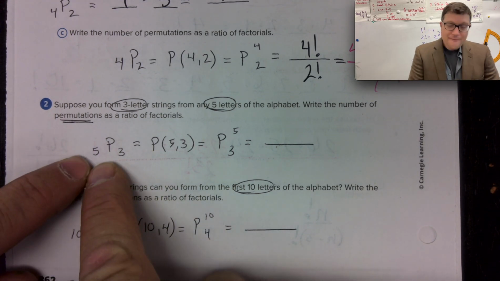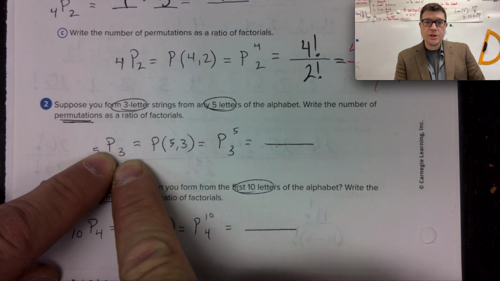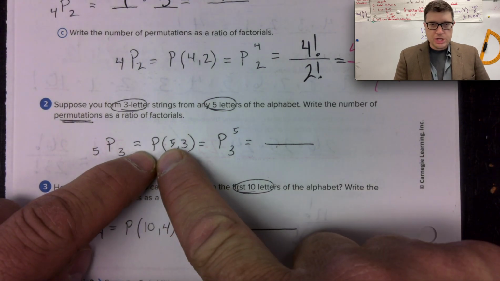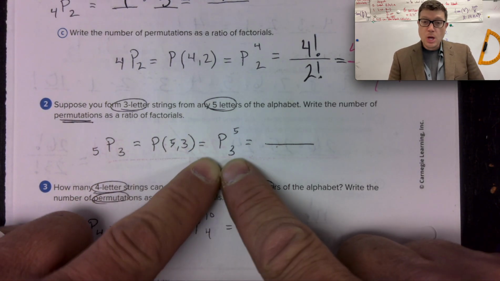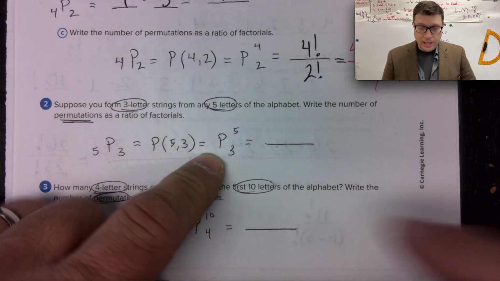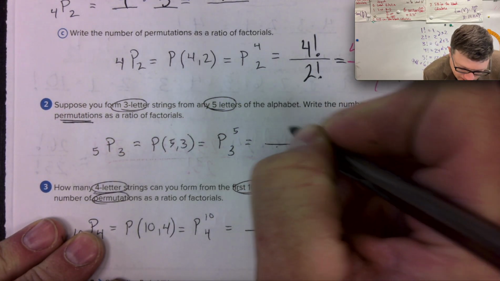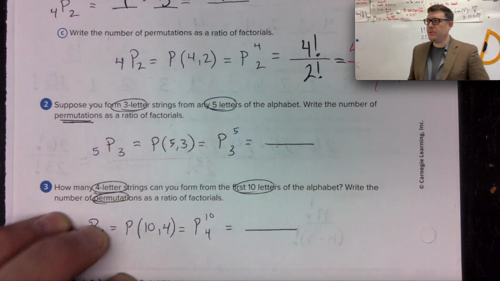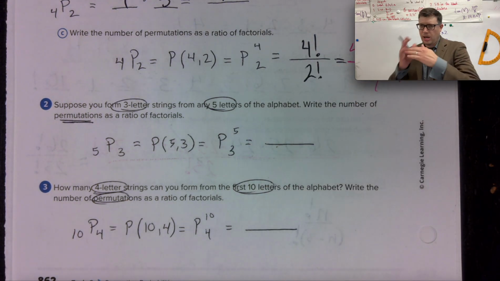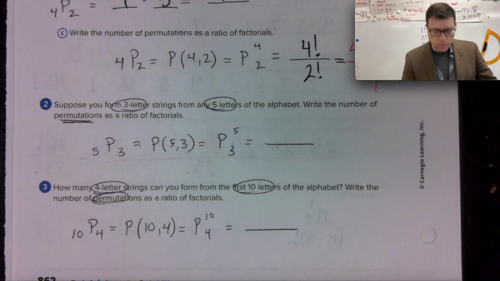So if we have 5 things permuted 3 ways, or the permutation of 5 things in 3 ways, or the permutation of 5 over 3, then the top number of our ratio is always going to be, I don't want to build that. I want to build up to it. Let me pause, put a pin in it. Let's work backwards.